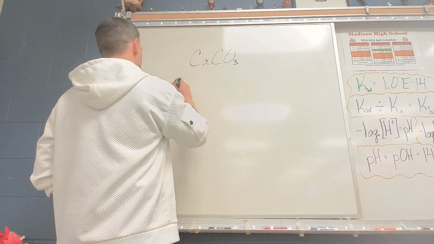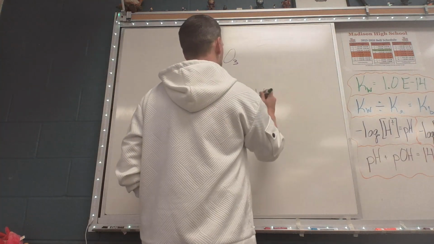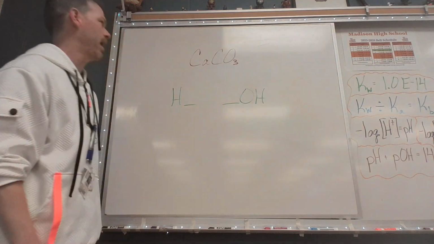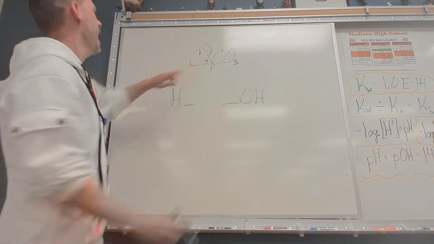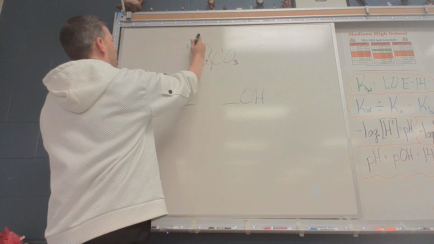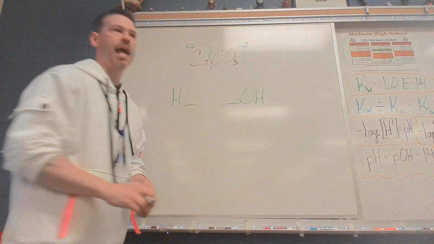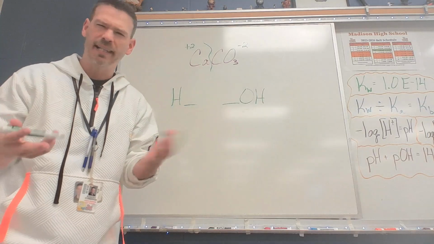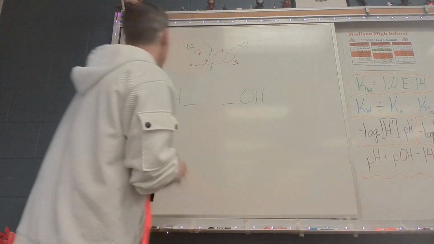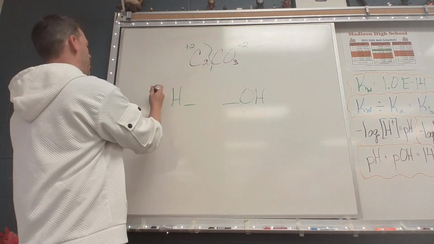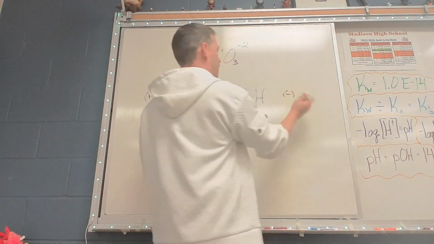Well, again, the moment we start asking about salts, I know that I'm looking for mom and dad. I know that if I split that salt, the calcium would be an ion of +2, while the carbonate would be an ion of -2, if you look at polyatomic info and stuff like that. I know that this hydrogen parent likes to be positive, while this hydroxide likes to be negative.